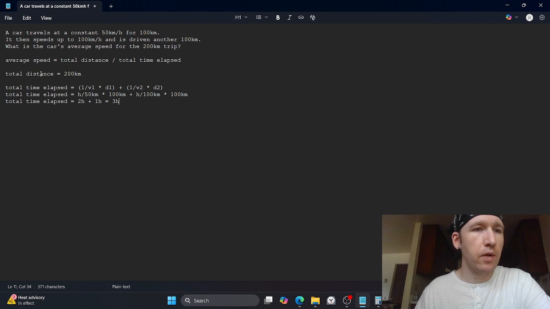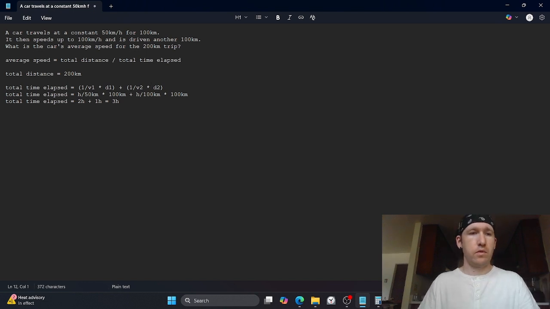Cool. So now we have our total distance to plug in here, and we have our total time elapsed to plug in here. So then average speed is equal to 200 km divided by 3 hours.